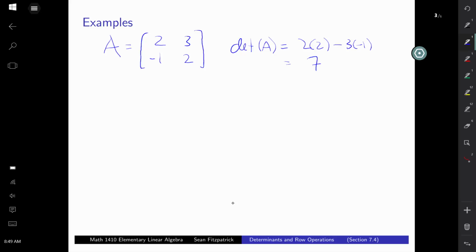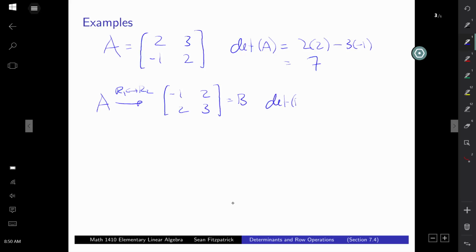If I swap row 1 and row 2, I get minus 1, 2, 2, 3. Let's call this B. The determinant of B is minus 1 times 3 minus 2 times 2, which is minus 7, which is minus the determinant of A.